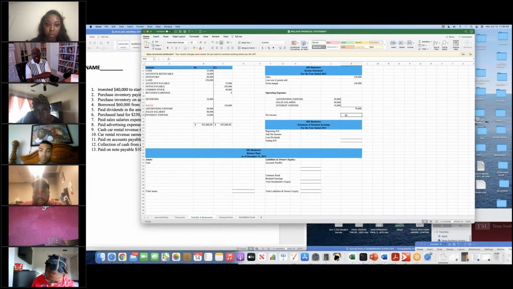And now to get our net income, we're going to do what? It's going to equal what? The gross margin minus our subtotal for expenses. We now have the net income. Our beginning retained earnings was 0.